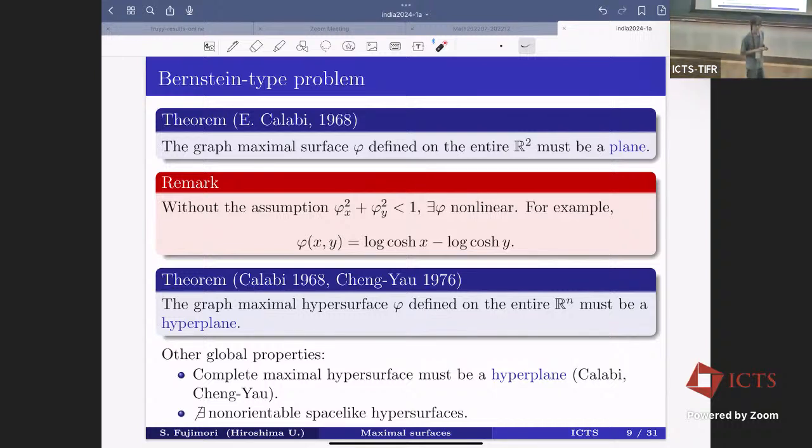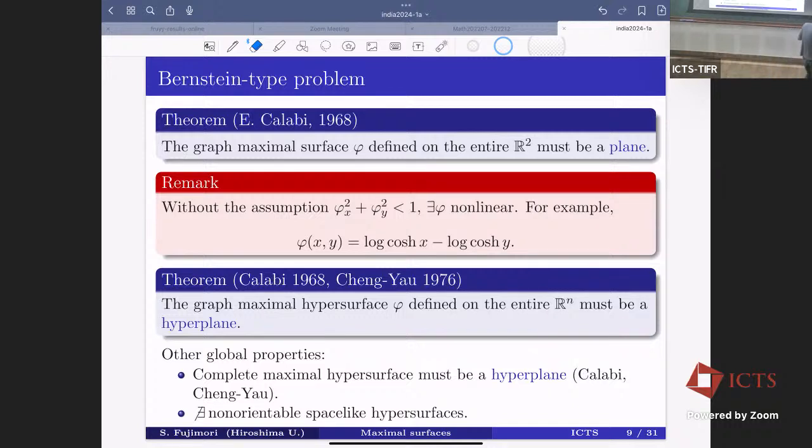You mean the Bernstein theorem, that a complete maximal hypersurface must be a hyperplane? Yes. But in the minimal case in Euclidean space, a complete minimal hypersurface need not be a plane; there are many other examples.